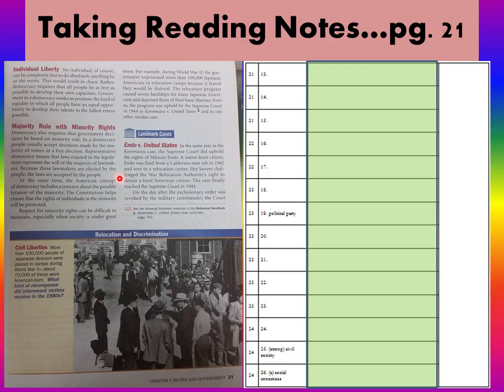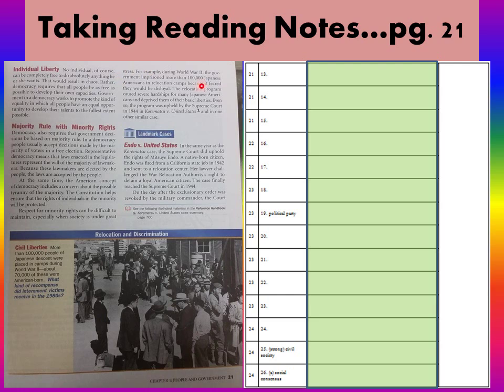At the same time, the American concept of democracy includes a concern about the possible tyranny of the majority. The Constitution helps ensure that the rights of individuals in the minority will be protected. Respect for minority rights can be difficult to maintain, especially when society is under great stress.